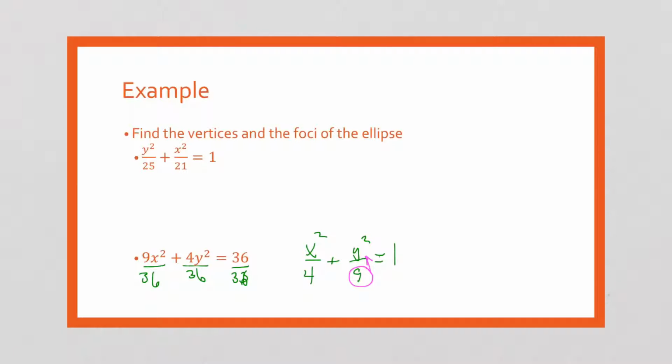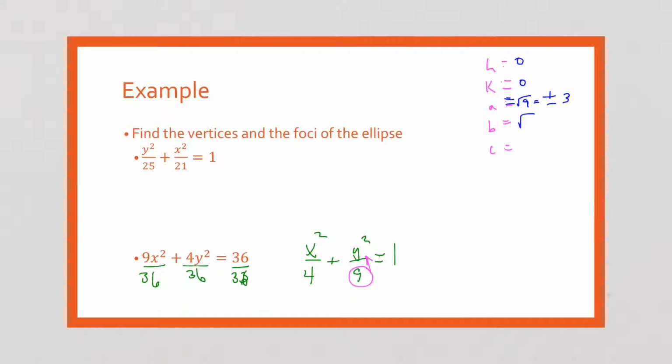So to find our vertices, remember we still need to find h, k, a, b, c. Well, I don't have anything added or subtracted to x or y, so my center is going to be 0, 0. A is the square root of 9, which equals plus or minus 3.